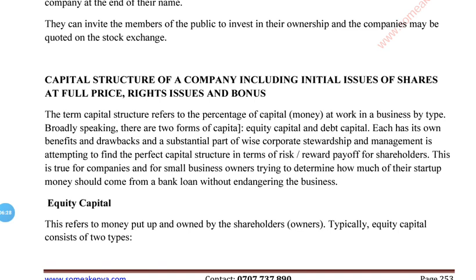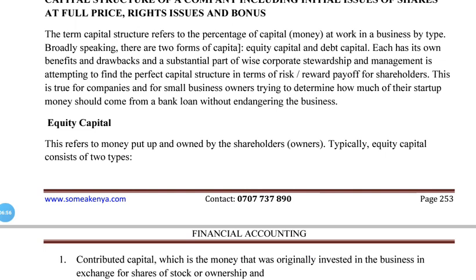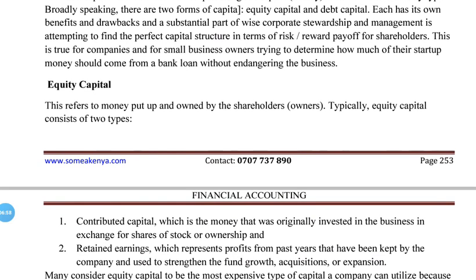This is true for companies and for small business owners trying to determine how much of their startup money should come from a bank loan without endangering the business.